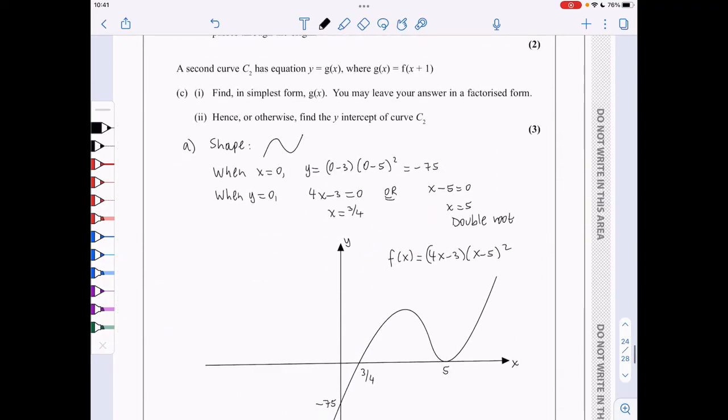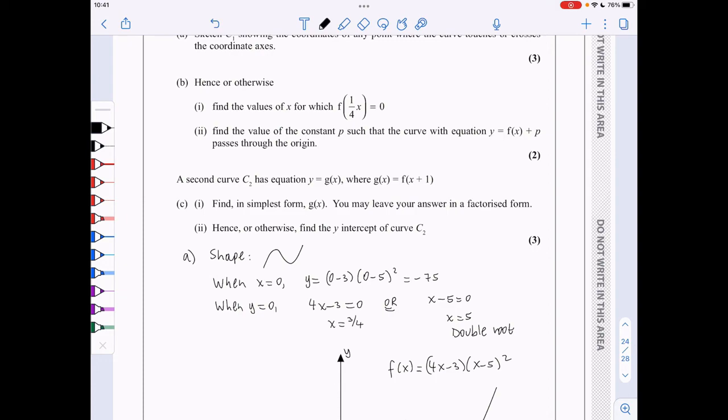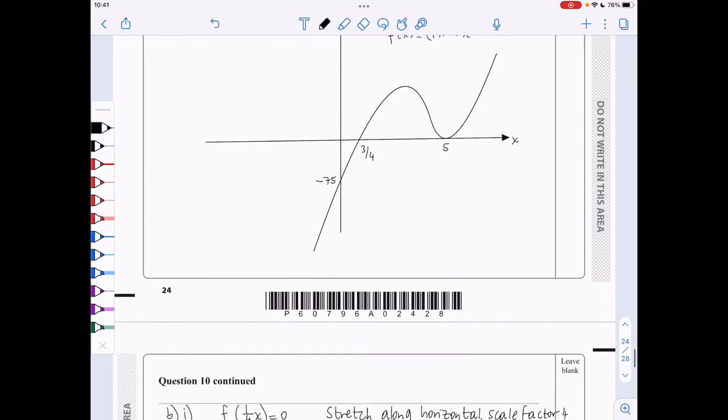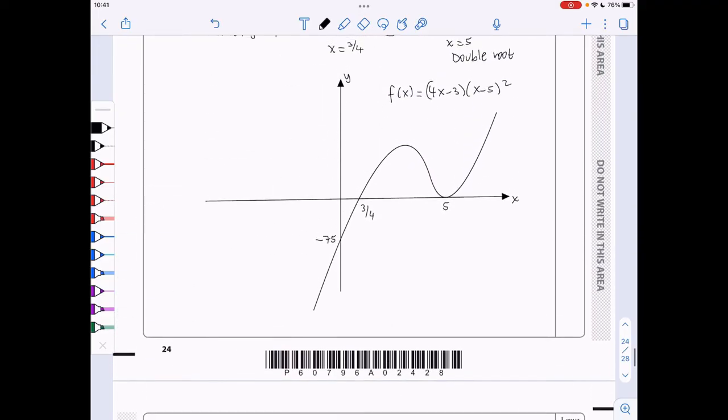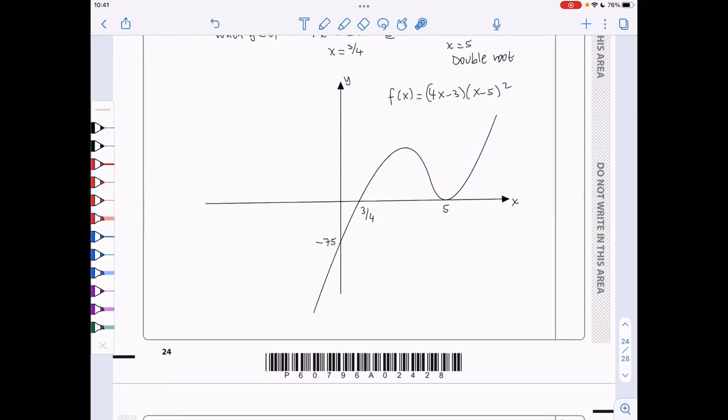And then in II, find the value of the constant p such that the curve with equation y is f of x plus p will pass through the origin. Now, f of x plus p is a translation p units up, so it means that this graph here will move like this.